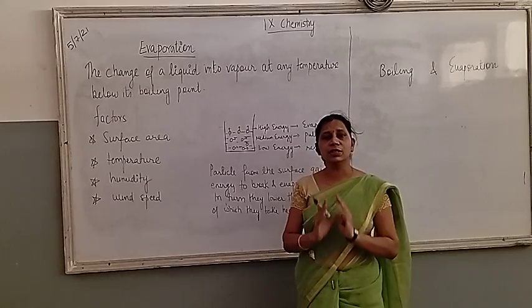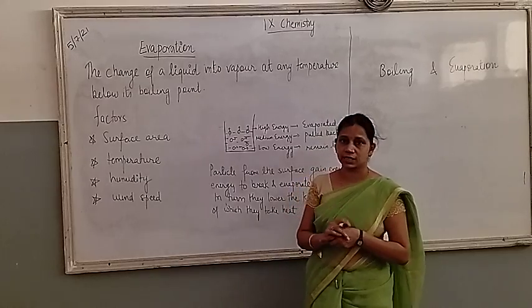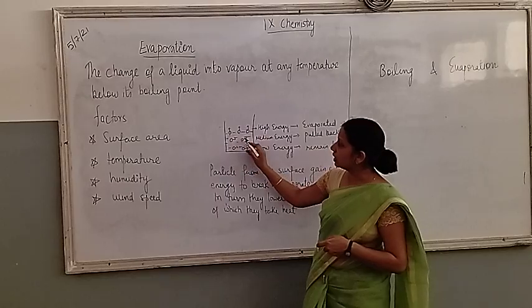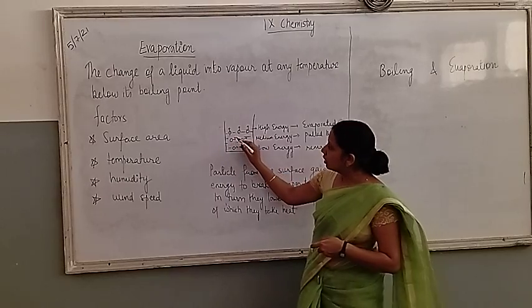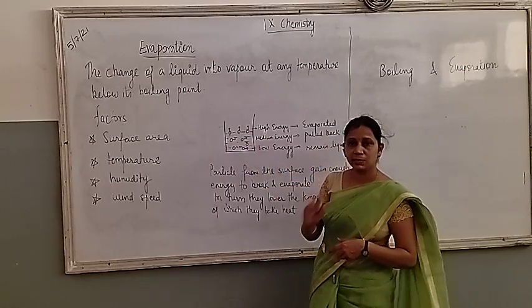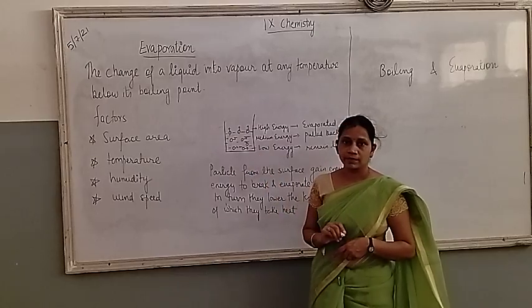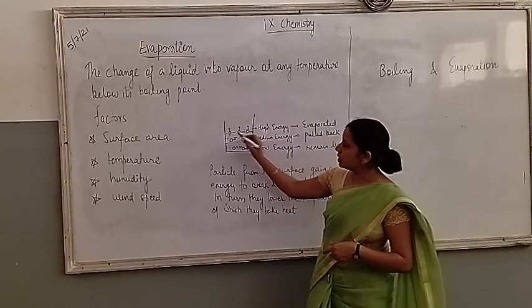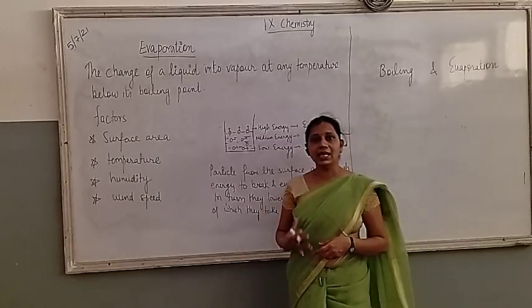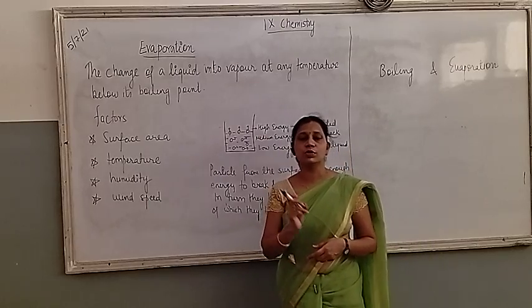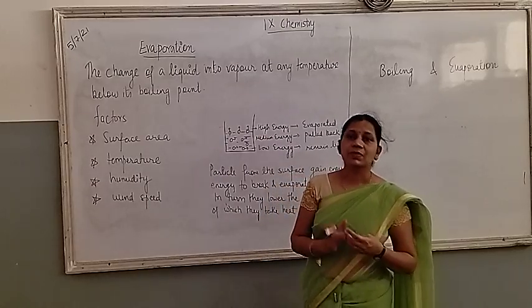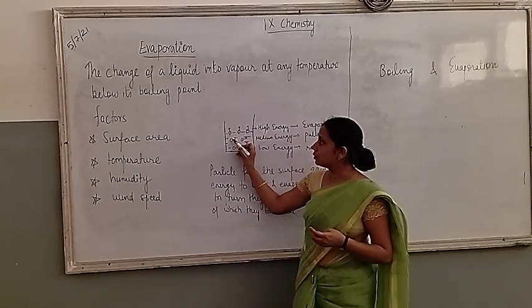So it is easy for them to gain energy and to move fast as compared to the particles which are bound by particles from all the sides, and similarly for the bottom ones. The particles present on the surface have a lower force of attraction, so they gain energy faster as compared to the others.